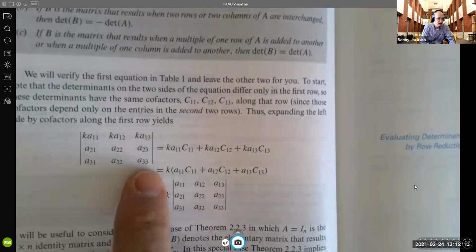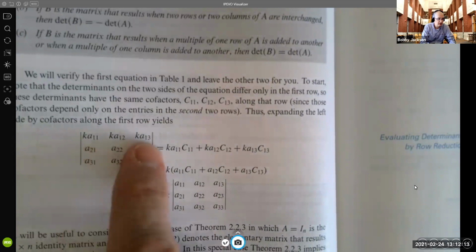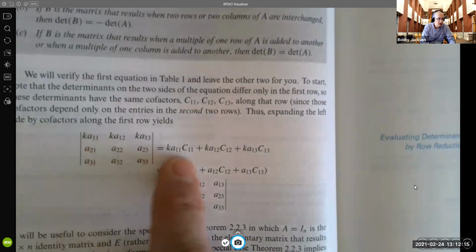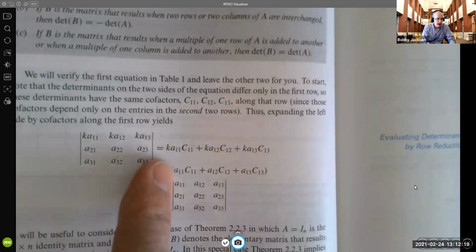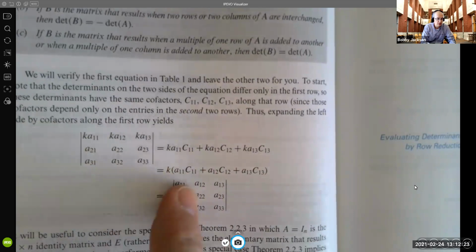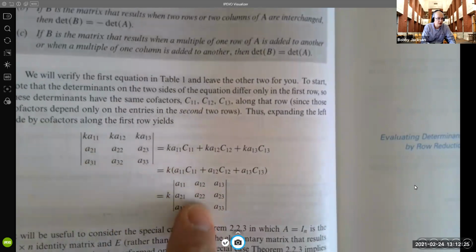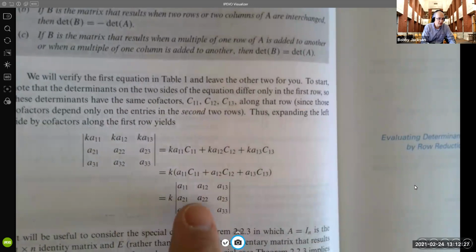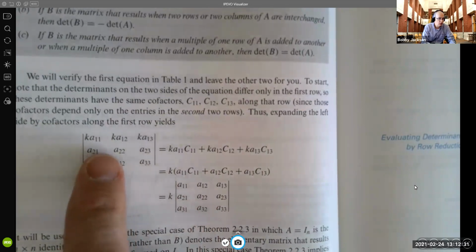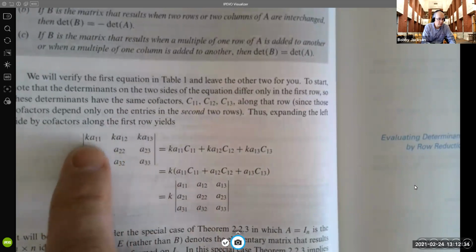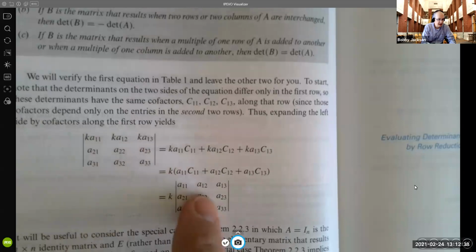You can basically see why that's the case, because if I do cofactor expansion along the first row, here's what it looks like for this one. That k can be factored out, and what's left is cofactor expansion along the first row for matrix A. So it's k times that determinant. Now, here's the tricky thing. When we're doing row reduction, what would we be doing here? Maybe multiplying this first row by the reciprocal 1 over k to get to here.